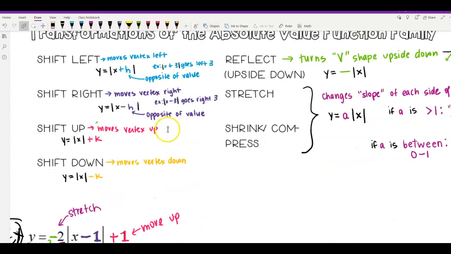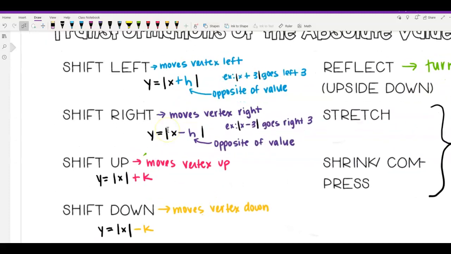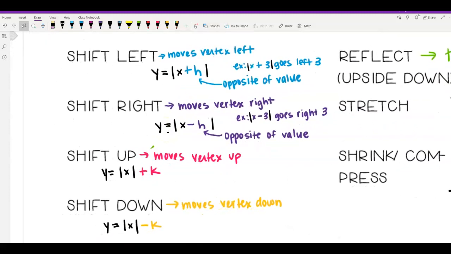Okay, so let's start with our shifts. If we want to move left, right, up, or down, we're going to add or subtract a value to that x amount. Sometimes we're going to add inside the parenthesis or the absolute value bars. Sometimes we're going to add on the outside. So to shift left, you're going to add inside the absolute value bars, and that's really the opposite. Normally we think left is negative, but it's going to be a plus amount this time.